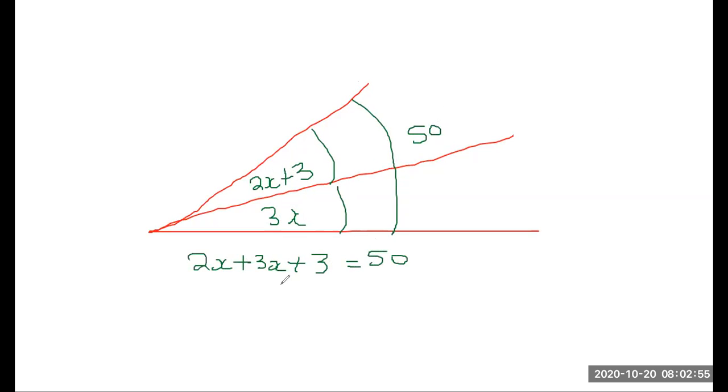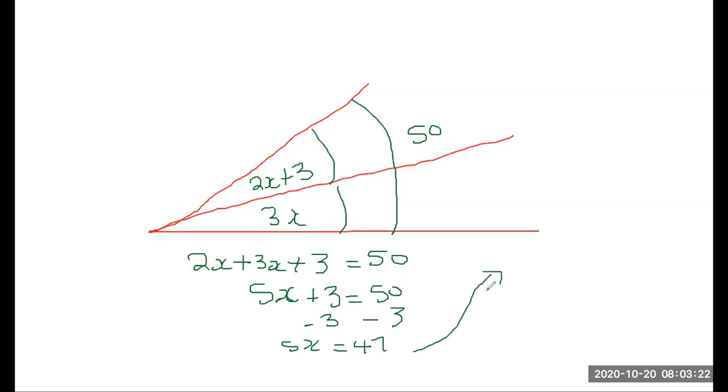That's right. You see, we already grouped like terms, the 2x and the 3x. So if we work that out, we get 5x plus 3 equals 50. And then we'll solve by doing the additive inverse first. So 5x is equal to 47. And then x is equal to 47 over 5.